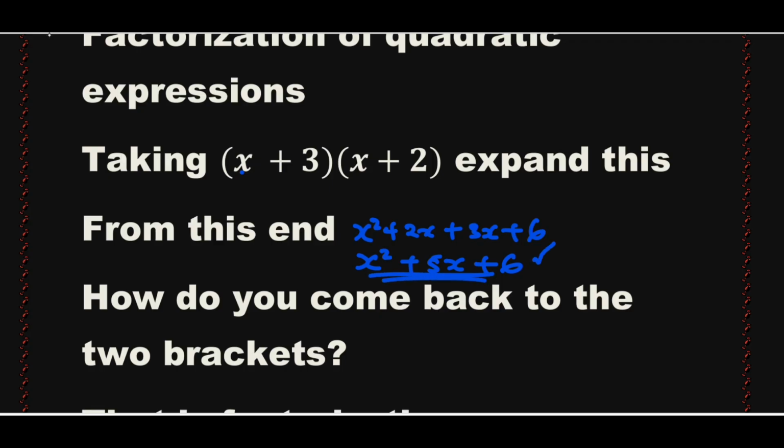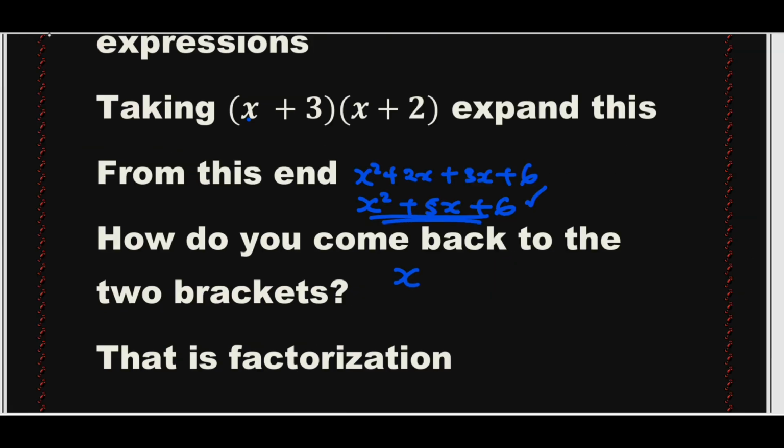This is expansion. Then how do we come from x squared plus 5x plus 6 back to the brackets that we have? That is what we are calling factorization.